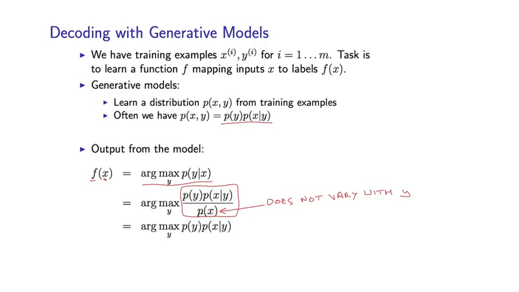Because this denominator is constant, if we're looking for the argmax, we can simply discard it and look for the y that maximizes the product of two terms, p of y and p of x given y. And that can be very convenient because from a computational point of view, calculating p of x can sometimes be rather painful. And so we don't actually need to do that when applying this type of model.